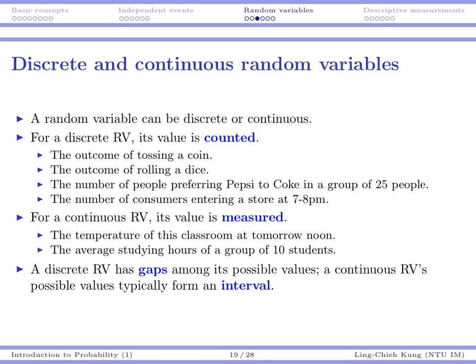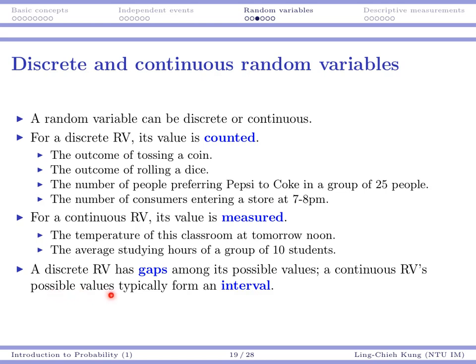Mathematically, we say a discrete random variable has gaps among possible values. If we are talking about the number of consumers, there are gaps between those integers. For continuous random variables, their values are measured in intervals, okay? Because all the possible values between this number and that number are possible.